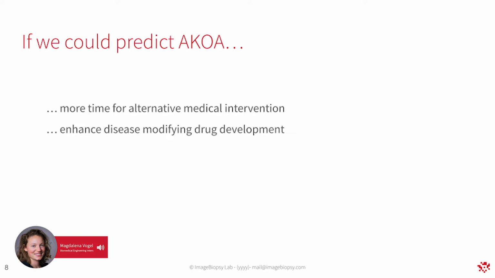If we could predict the accelerated form, we would have more time to find alternative medical interventions and to avoid knee replacements, which would reduce a lot of pain and as well costs. As well, we could improve the research of disease-modifying drugs for osteoarthritis, because we would have a more uniform cohort of patients to test the drugs.